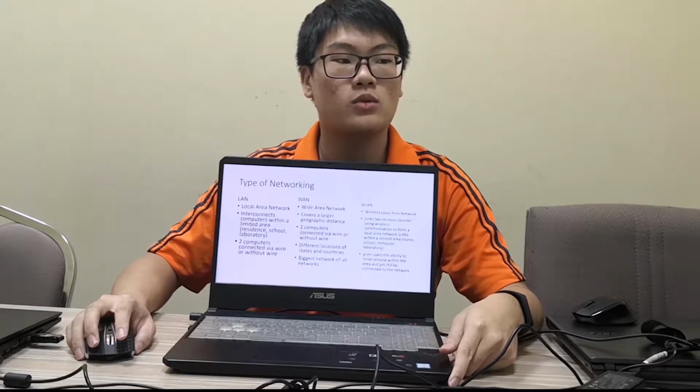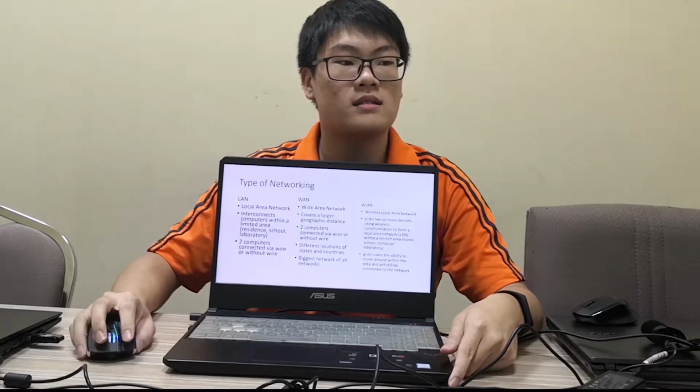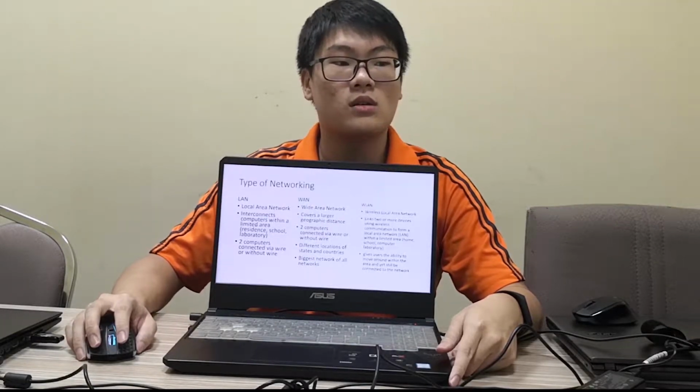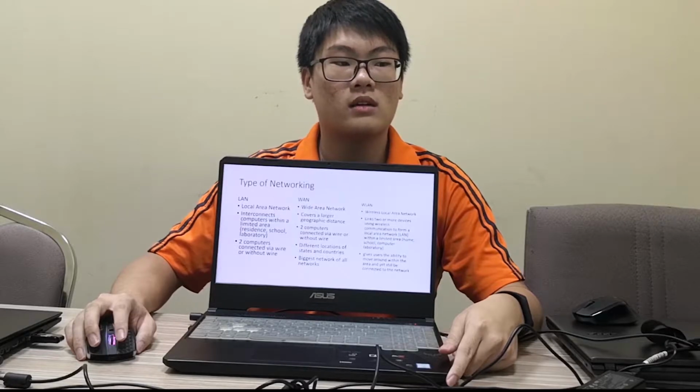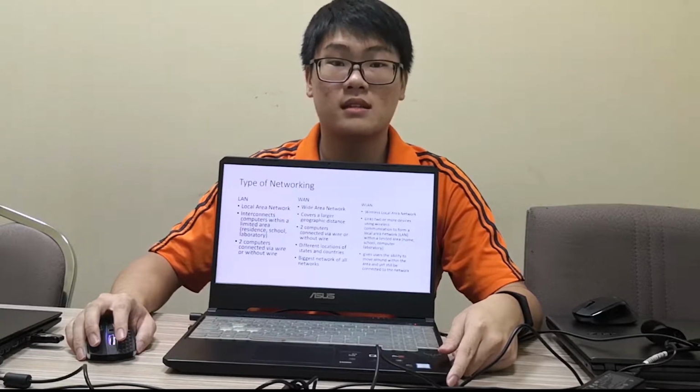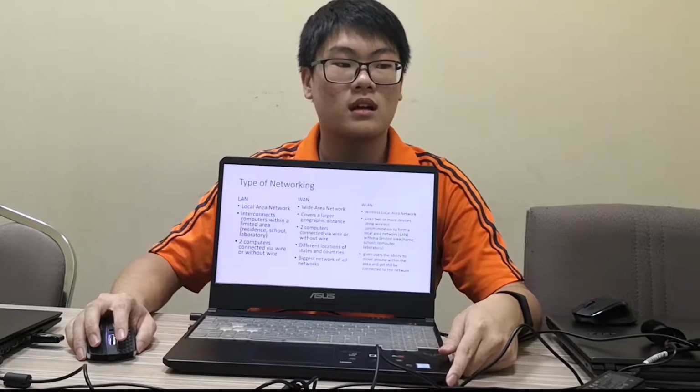It connects two computers with a wire or without a wire. The next one is the wide area network. It covers a larger geographic distance, connecting computers with a wire or without a wire. It is the biggest network of all networks, spanning different locations, states and countries.